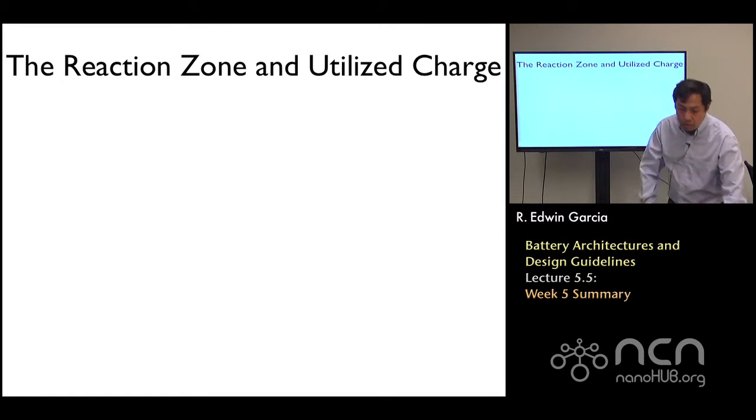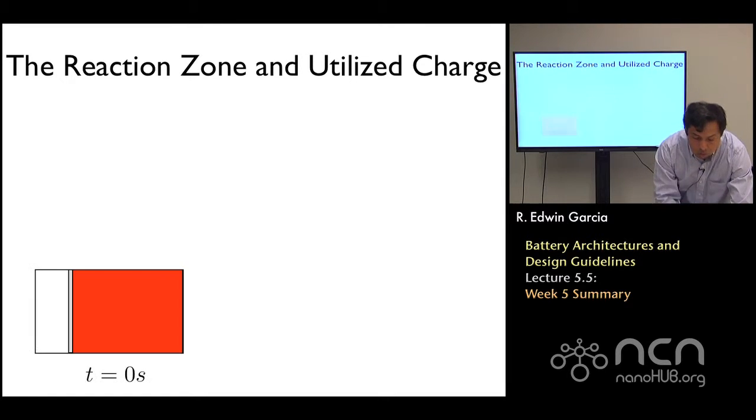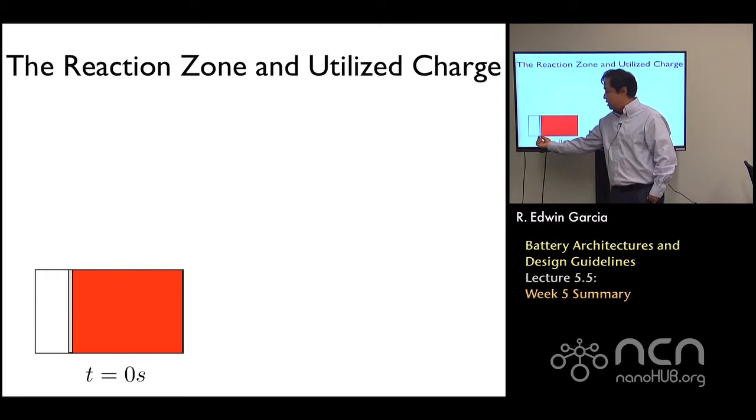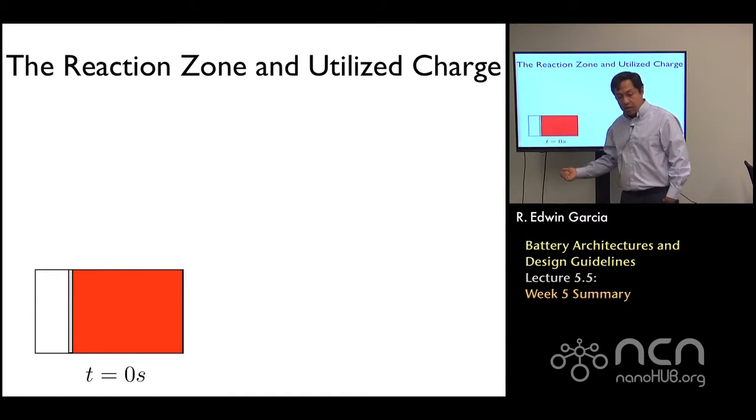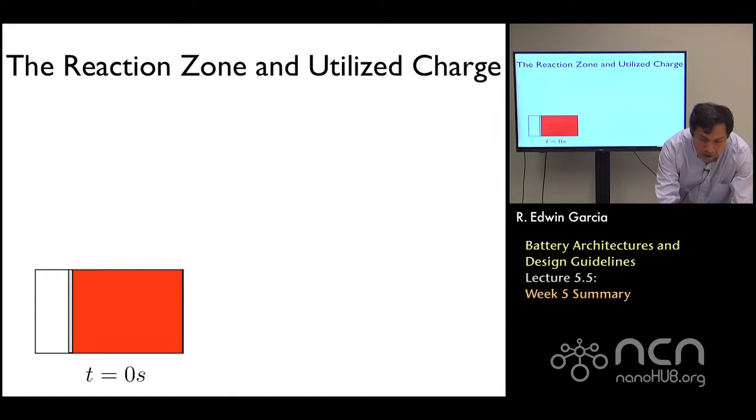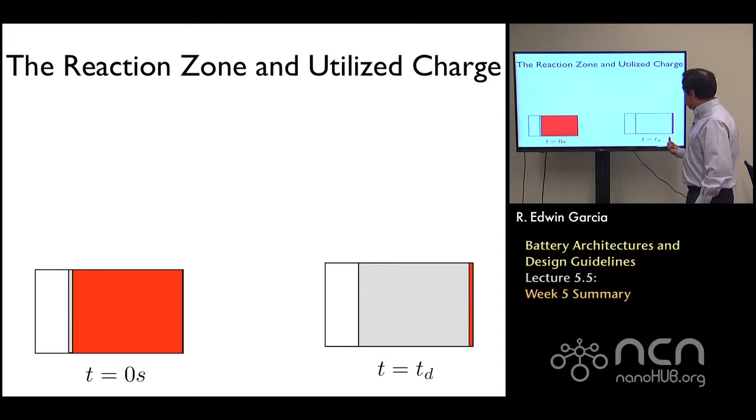The reaction zone is such that at t equals 0, basically we have a sliver, everything is available, and the discharge time allows us to specify that the whole cell has been used.